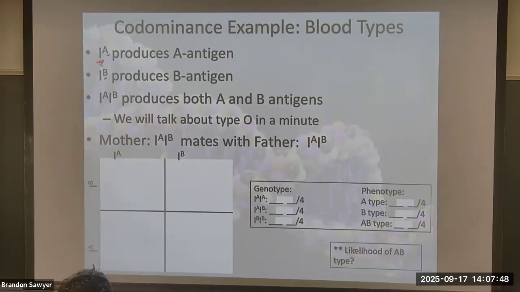We won't bring in O blood yet, we'll talk about that one in a second. But if we have a mother with AB blood and a father with AB blood, this would be our example. So go ahead and fill that out. Again, fill out the genotype, the phenotype, and then send in your answer on your clickers.